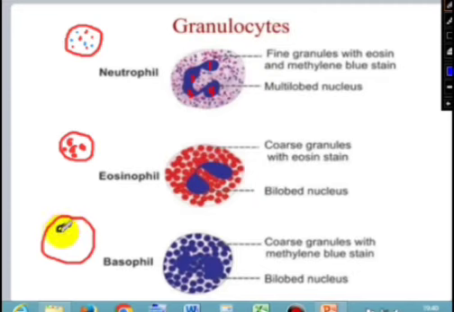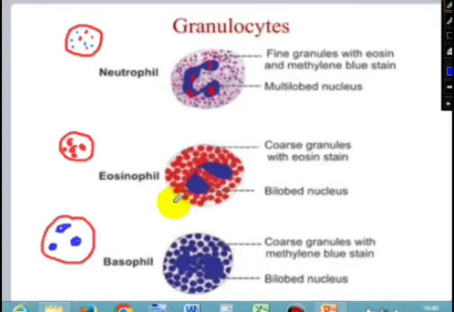Yes, the granules are large, just like that of the eosinophils, but the difference is that granules of the eosinophils stain with red dye, while that of basophil stain with blue dye. These basophils also have bilobed nucleus. But the difference here is that their nucleus is kidney shaped, alright, or horseshoe shaped.